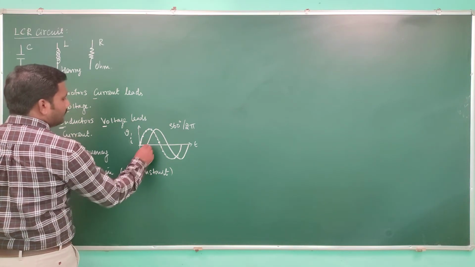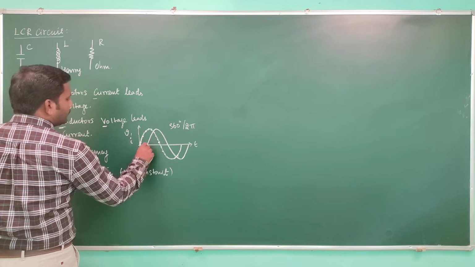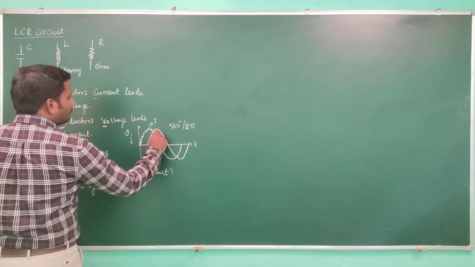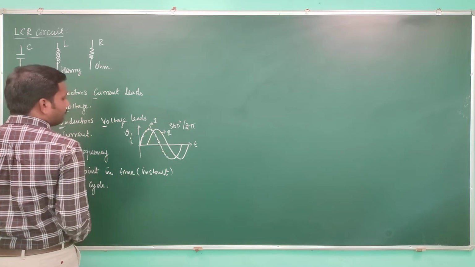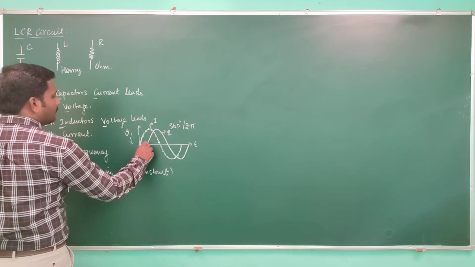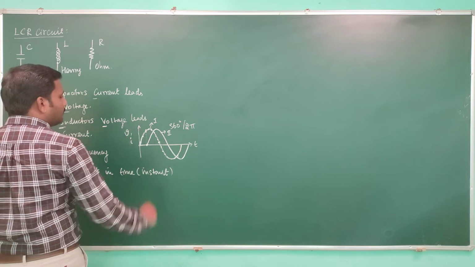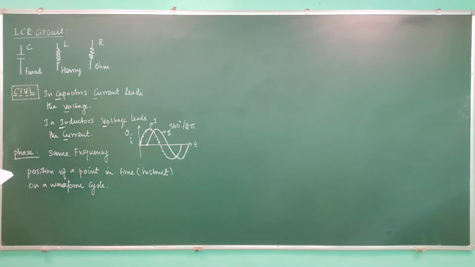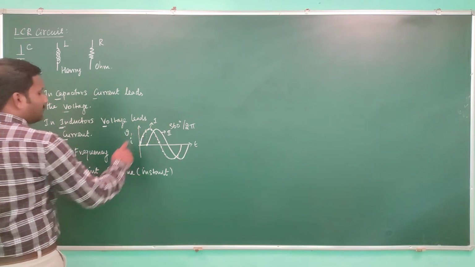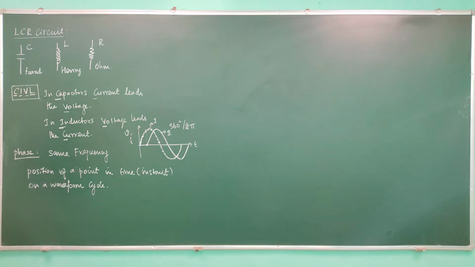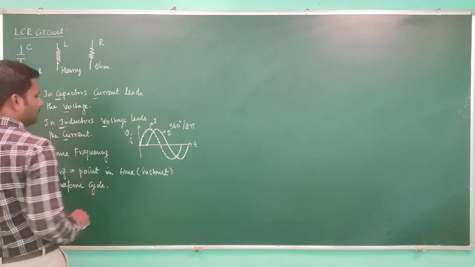Suppose this is the first wave and this is the second wave, the position of the first wave is located here, while the position of the second wave is located here. Based on this, we can define a phase difference.